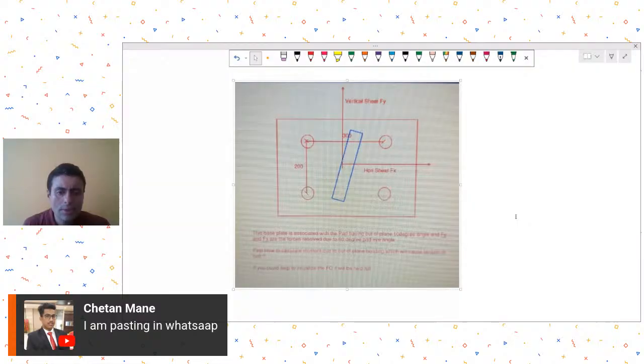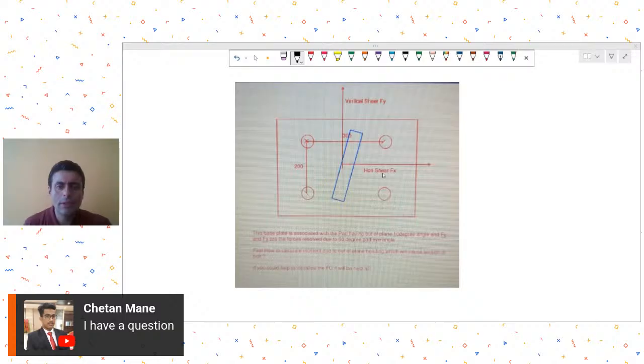This base plate is associated with the pad having out of plane 10-degree angle, and Fy and Fx are the... I have not understood the question properly. Maybe if you could share some 3D image or something.